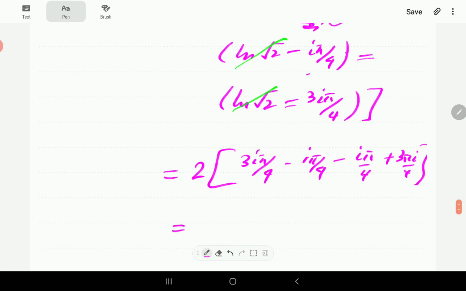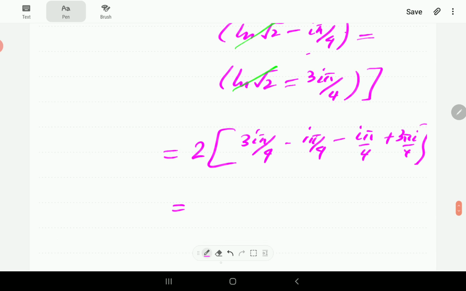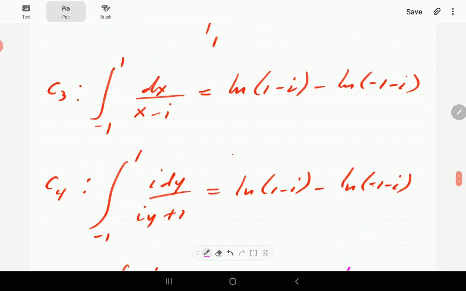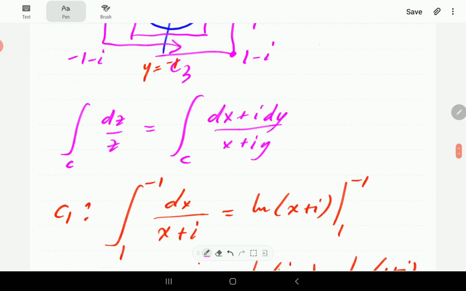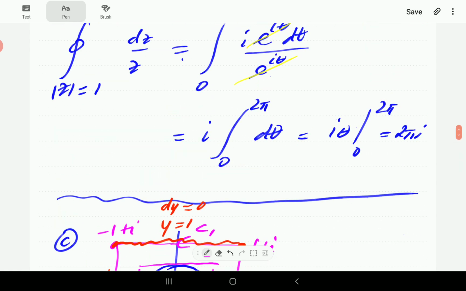Okay, so they're all over 4. 3 and 3 is 6, minus 2 is 4, so it's going to be 4 pi i over 4. This is going to be 2 pi i, which is exactly the same as what we found along the unit circle.